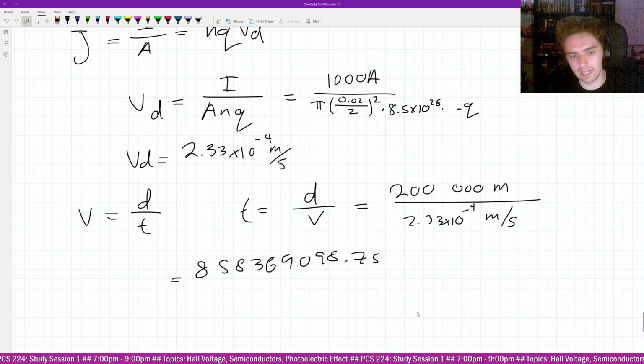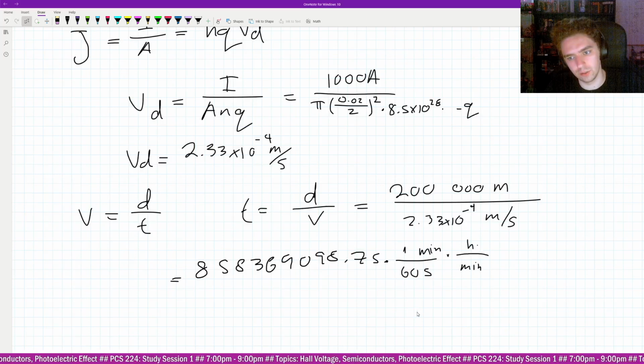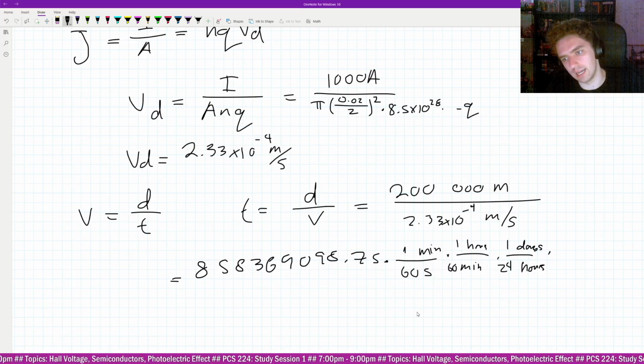So to convert seconds to years, I need to do a little bit of conversion here. Seconds to minutes, and minutes to hours. So 1 hour has 60 minutes. Then I want to convert hours to days. In 1 day, there are 24 hours. Then I want to convert days to years.